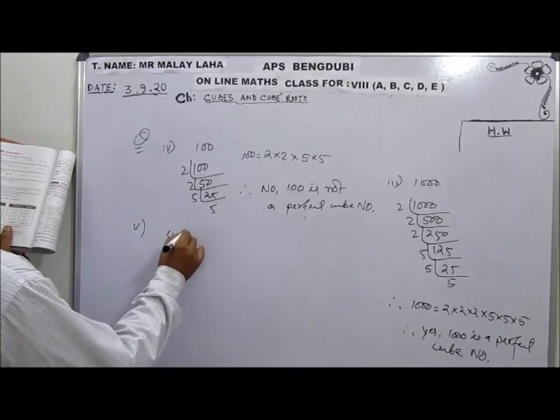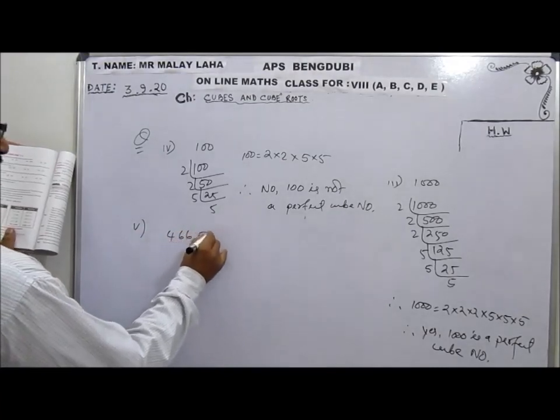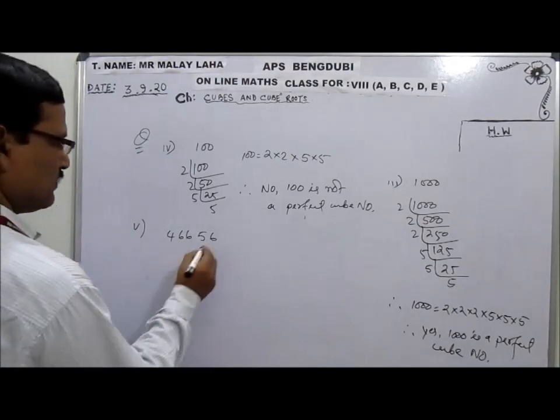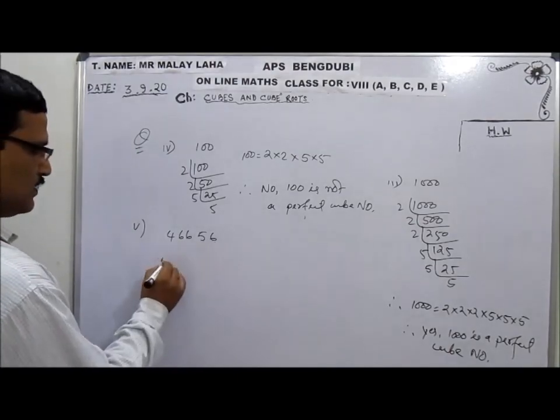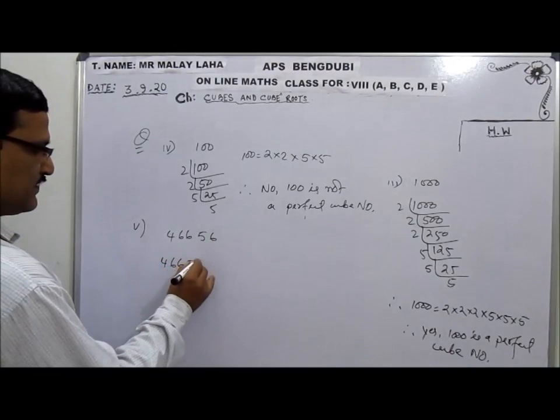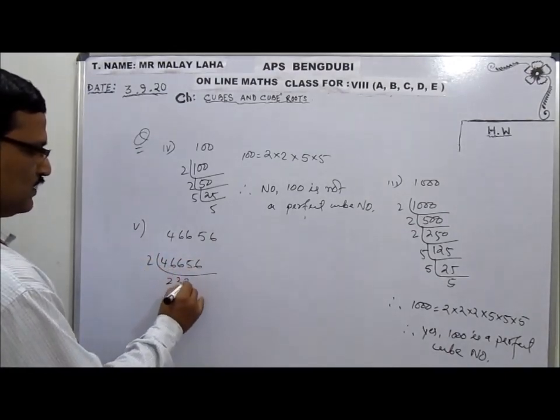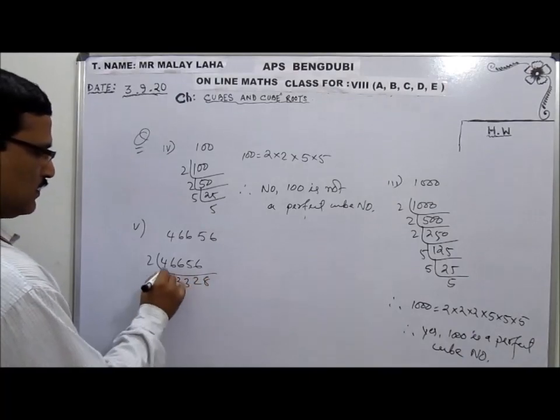Number 5. 466,56. So it is a big number. You have to only consider the unit digit. 46656. Divide by 2. Always start from 2. 23328.